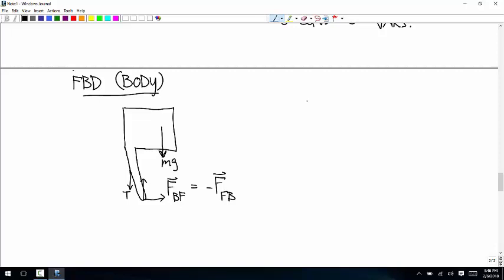And from these, you get this equation that says the x component of the force on the foot by the body is equal to 0.